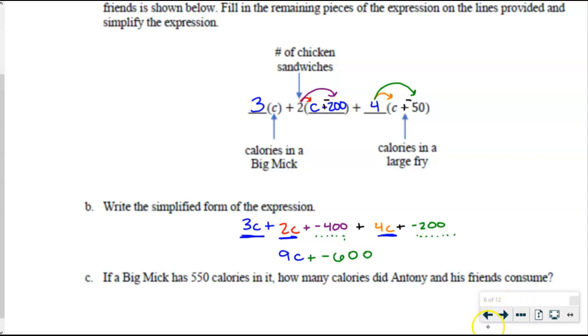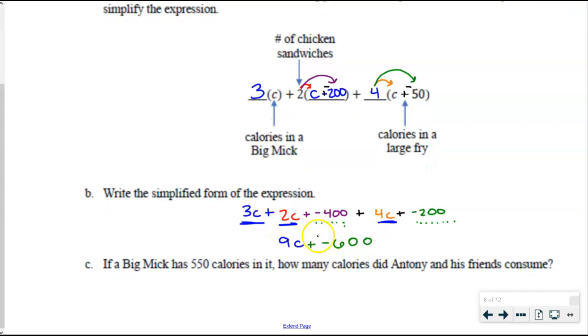That is simplifying an expression where I get rid of those grouping symbols, I do the distribution, I combine like terms, and now I have only 2 terms left, just the C's, or if you wanted to consider them x-tiles, and just the units, or our constants.